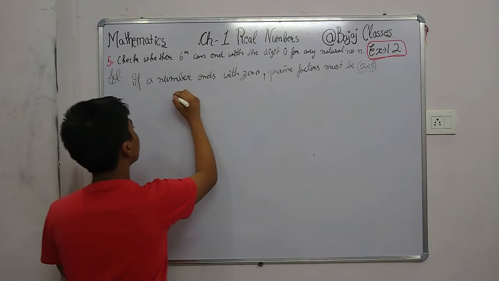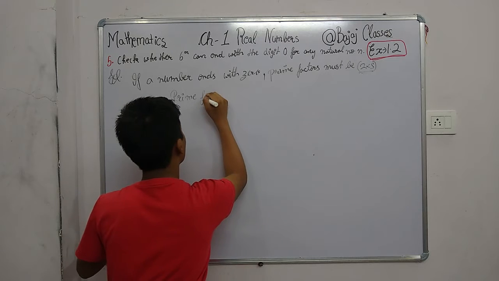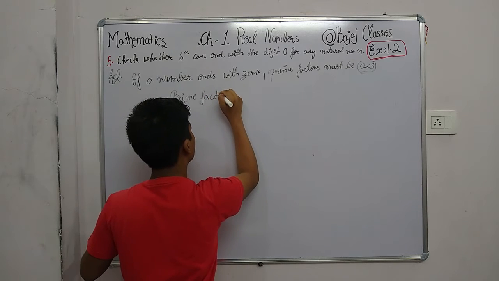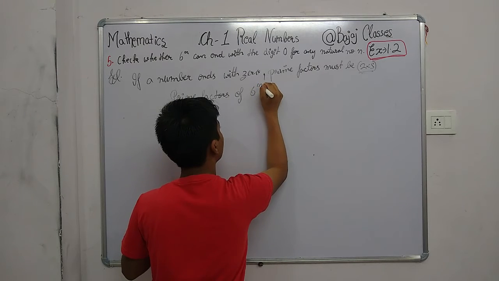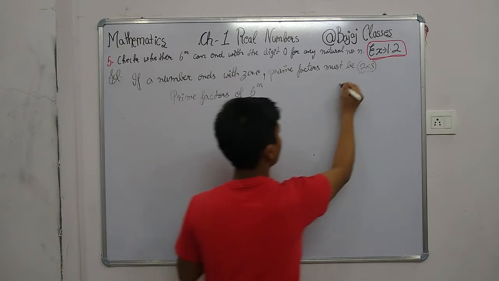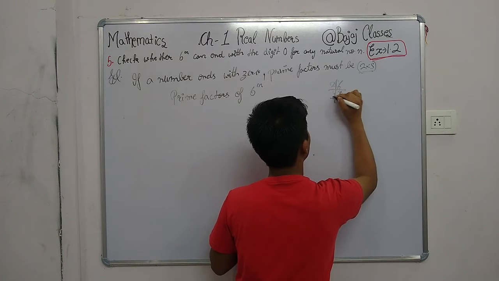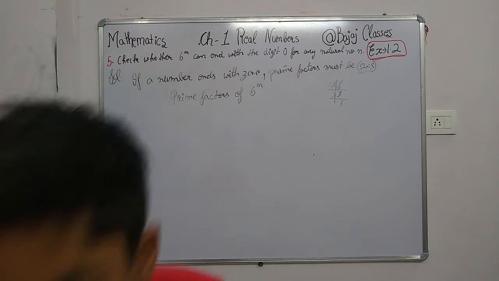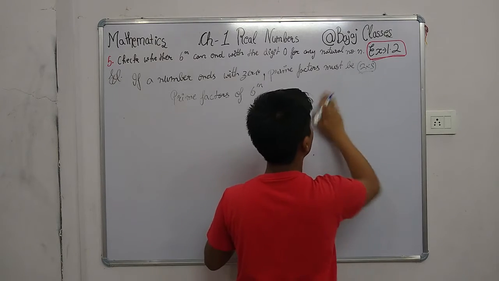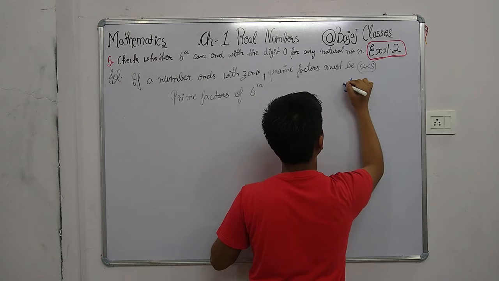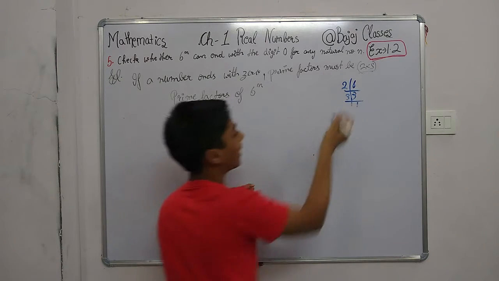Now I'll see the prime factors of 6^n. You know that 6 is 2 into 3. I will change my marker, it is lighting down. 6 is 2 into 3, or 3 into 2, you can exchange also.